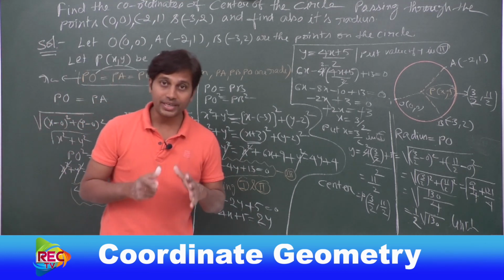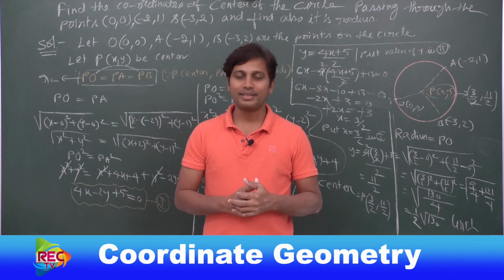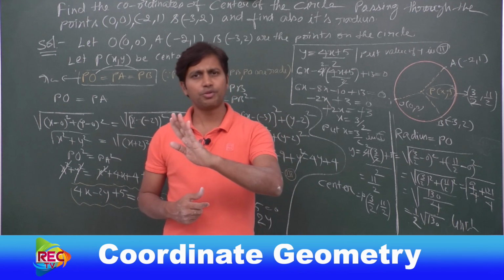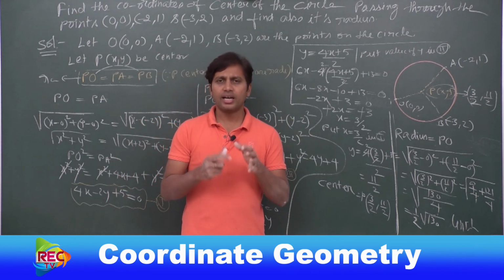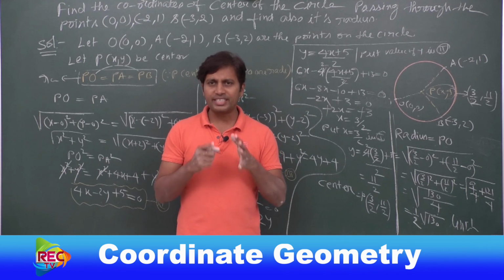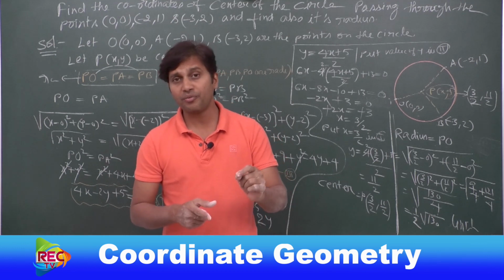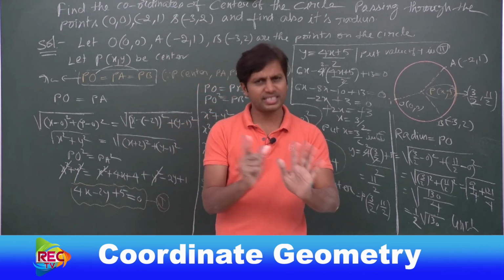I think you might have understood how to do problems from coordinate geometry. Please be aware of geometric principles, otherwise you may not be able to do this. In this coordinate geometry of 10th standard, we just derived the formula for finding the distance between two points (x1, y1) and (x2, y2). That's it.